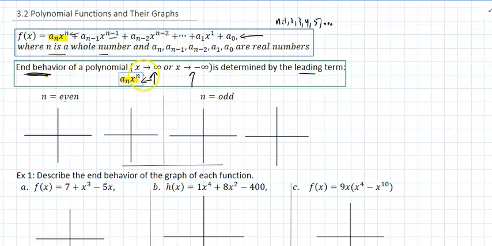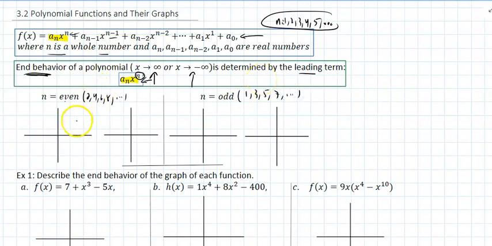There are two cases. If this power, since it could be a whole number, is even, that is, n equal 2, 4, 6, 8, or n is odd, meaning 1, 3, 5, 7, any of those.